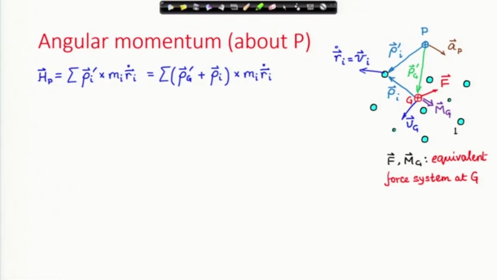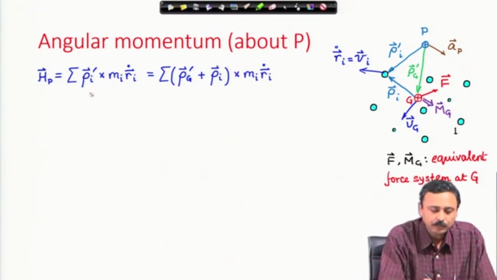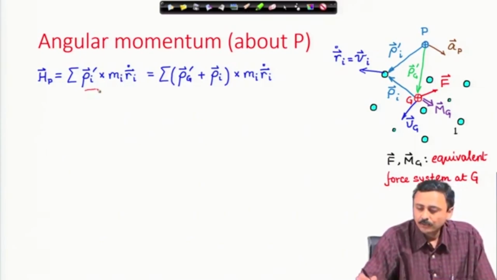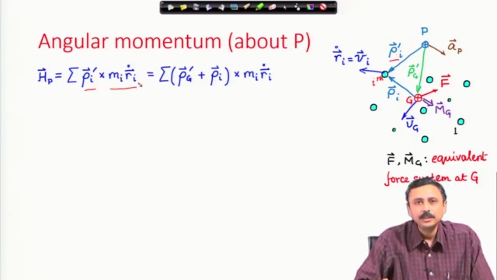Let us calculate the angular momentum about this point P, an arbitrary point that I have indicated. How do we calculate angular momentum about P? We take the moment arm for the ith particle, which is this vector from P to the ith particle. From P to the ith particle is rho i prime, cross this is the absolute linear momentum of the ith particle, which means mass of the ith particle times the absolute velocity, or the velocity measured by the inertial observer.